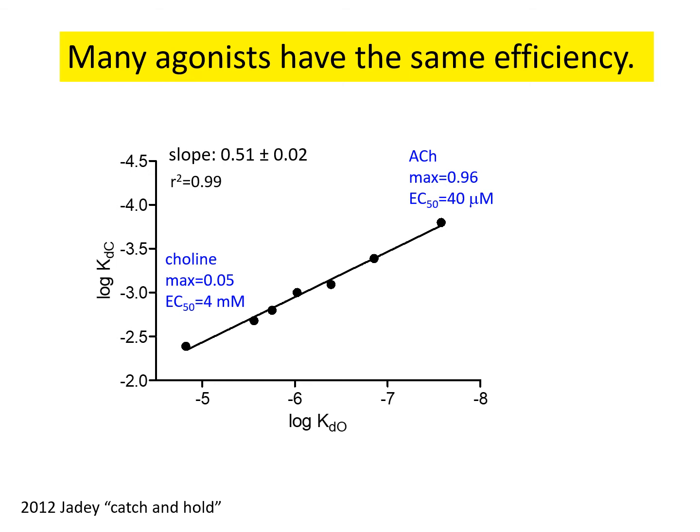And this was a big puzzle to us. And we didn't understand what this meant at the time, but now we know what the slope of that line means. The slope of that line is the right hand ratio in the equation for efficiency. So the fact that all of these points fall on that line means that all of these ligands have the same efficiency.